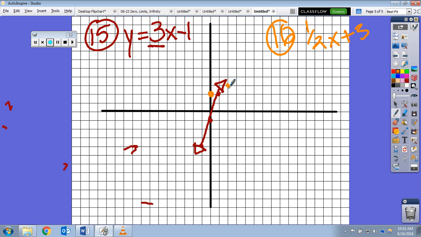Let's keep the same increments though. So we're assuming that each one of those increments is a unit of 1, a distance of 1. Because it's already 1/2, it's the slope as it is, so rise over run. Go up 1/2 from where? From our intercept.